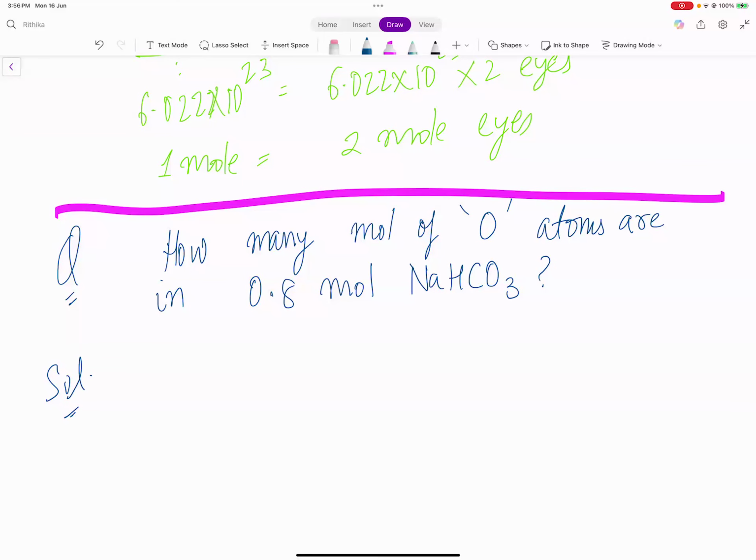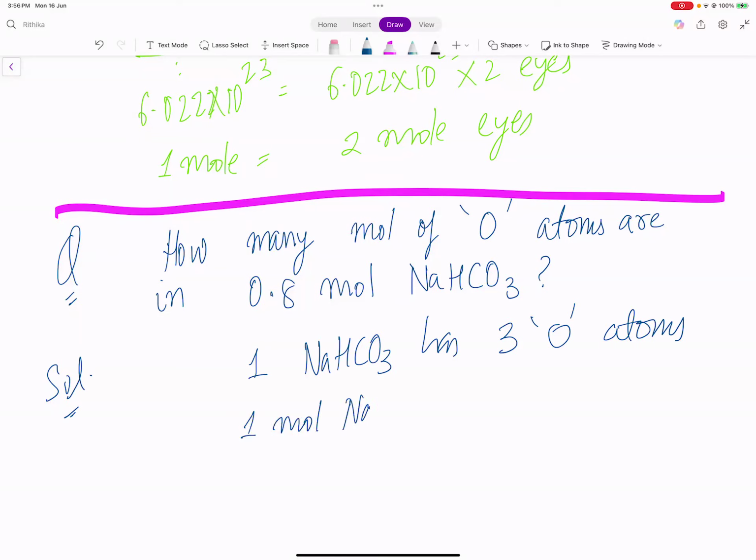I don't know anything, and I don't want to know anything. All I know is that one NaHCO3 has 3 oxygen atoms. So whatever I can say about one, I can also say about the relative number of moles.